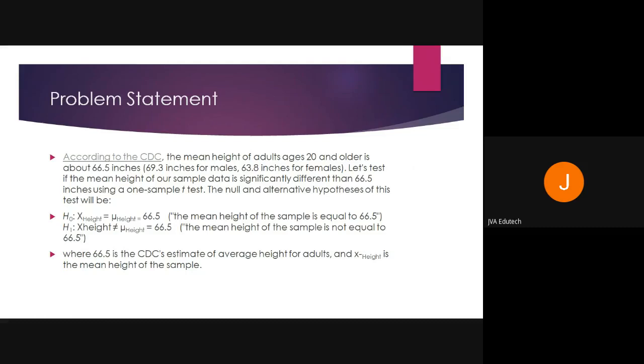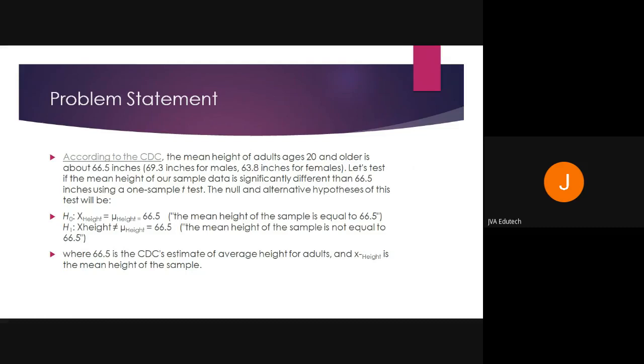So here again we have this population mean 66.5 inches. We have taken, let's say, height from individuals in our sample, and we want to check whether the mean height from our sample differs from the 66.5 inches or not. So here we'll apply one sample t-test.